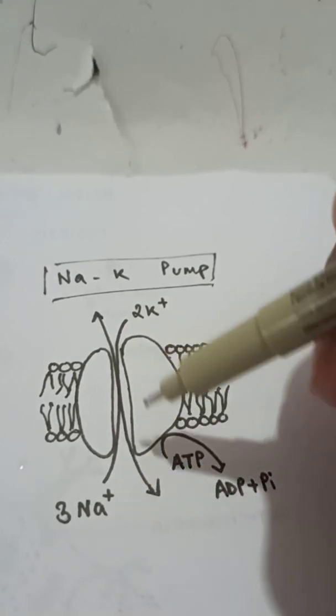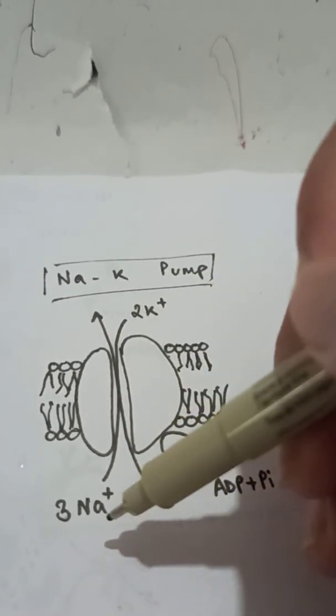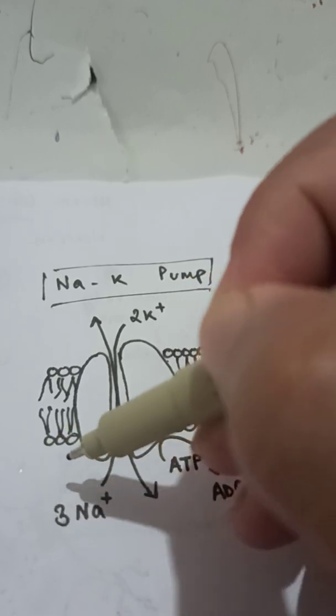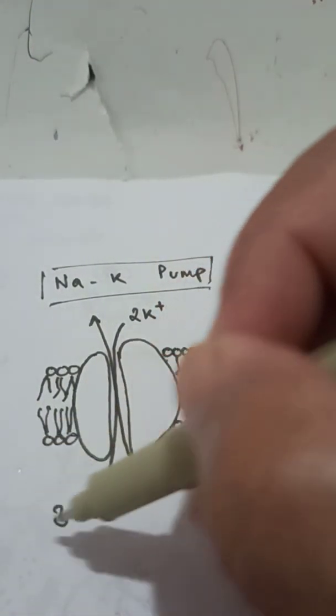It will not allow 3 potassium to move out, but rather only 2. On the other hand, 3 sodium is moving inside. Now this excess of sodium inside will create a positive charge on the surface of the ICF inward region.